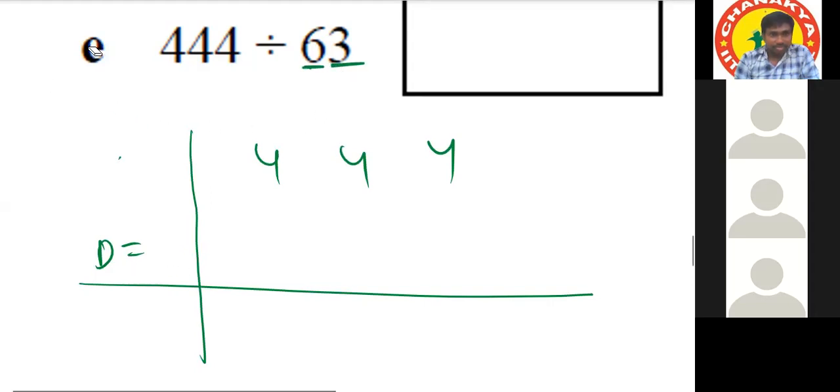Sir, the 10th place will be the divisor. Highest place value is the divisor. Okay. 6 is the divisor. And what is the number on the flag? 3 is the flag. And only one digit is there as a flag. So we have to separate only one digit from the right side with the rest two. Okay. Yes, sir.